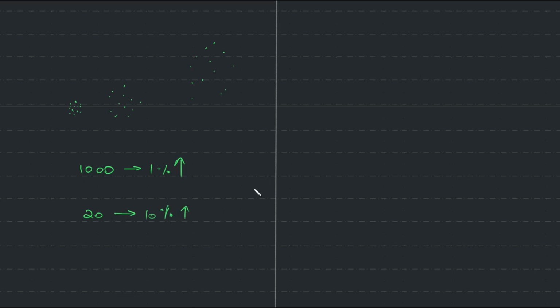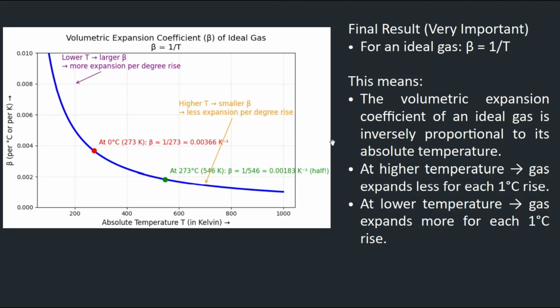Which increases more? 1% of 1000, is it more than 10% of 20? That's what this graph is telling. Not exactly that, but that is the basic funda.